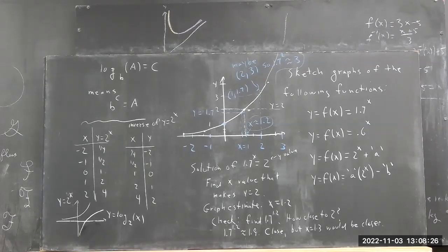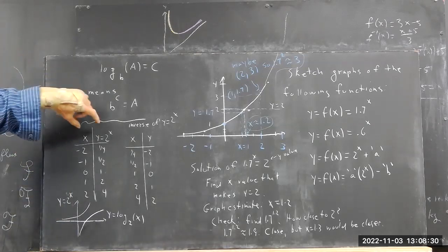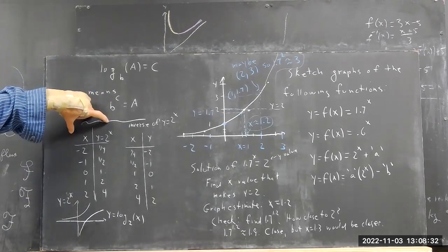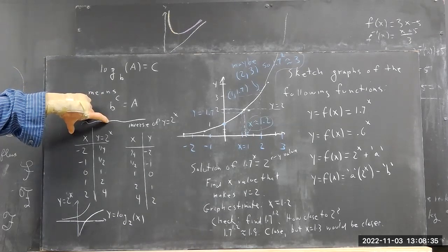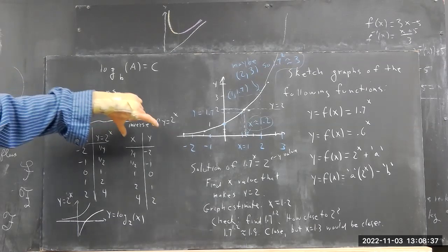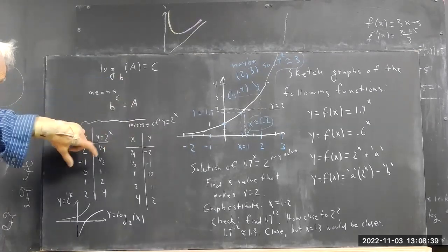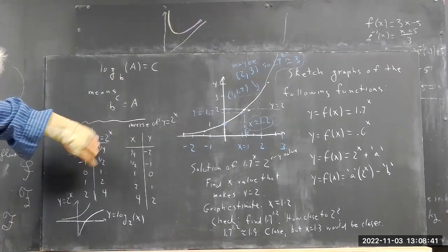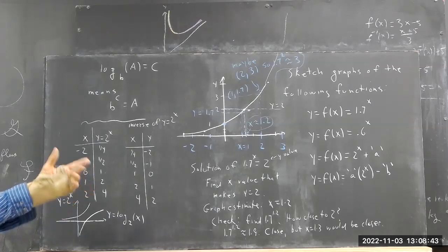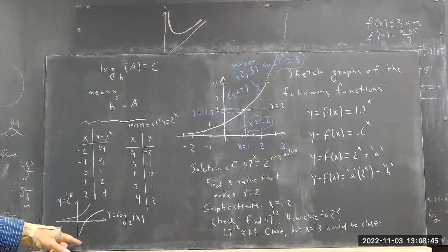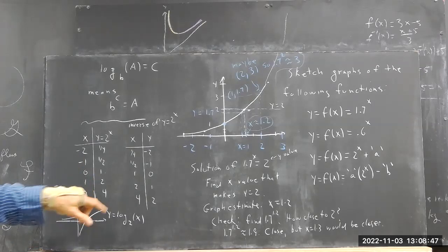Now, I'm not going to put all this on the recording because it's pretty simple. You understand that here's our table of the 2 to the x function. So here's the table of the inverse function. I just flipped the columns, switched the columns. And if I graph the result, the graph is going to look kind of like this.